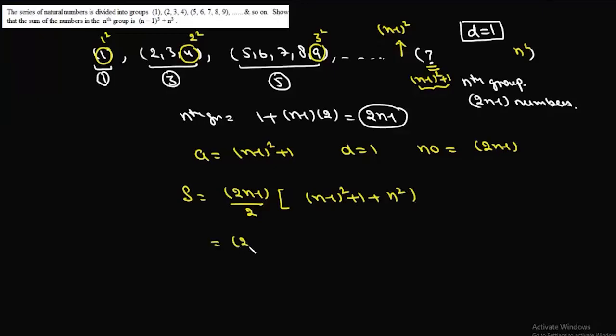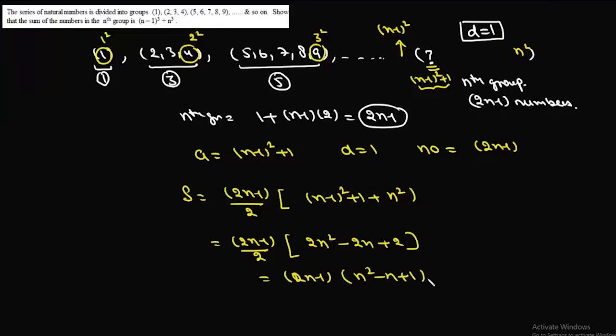So we can write this as 2n minus 1 by 2, and here will be 2n square minus 2n plus 2, which will cancel. So it will be 2n minus 1 into n square minus n plus 1.